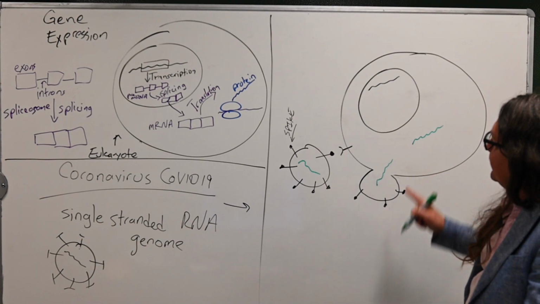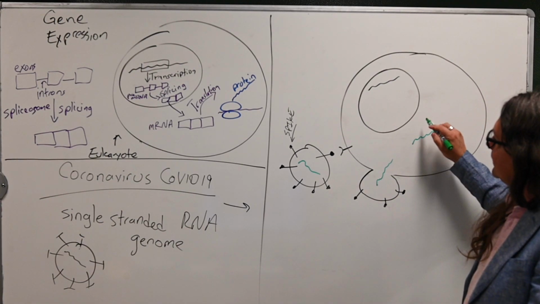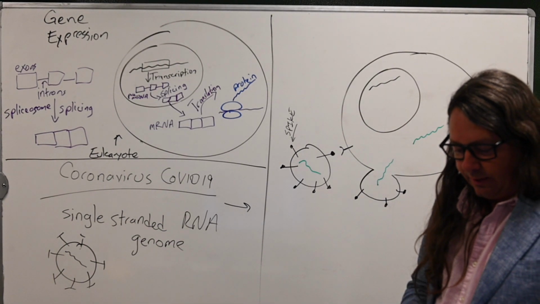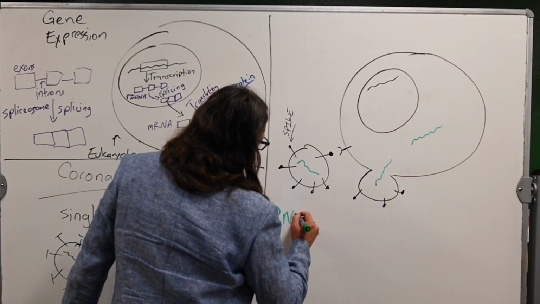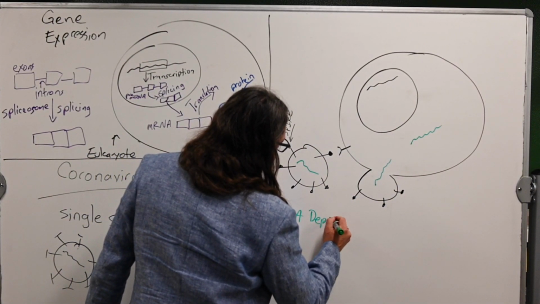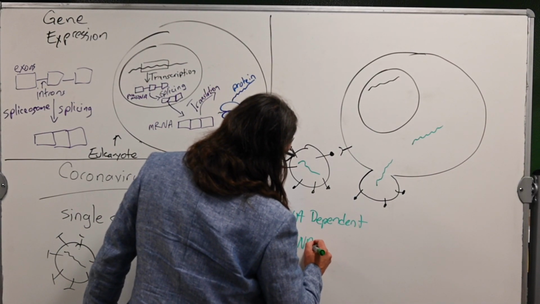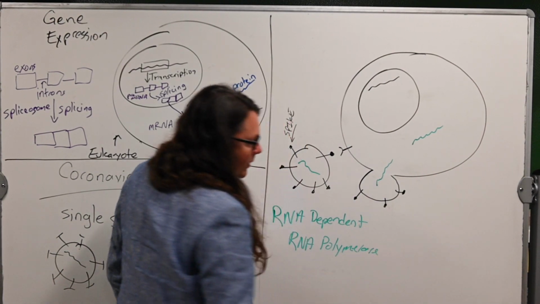So there's an RNA in the cytoplasm, and one of the genes here is an RNA-dependent RNA polymerase. So what do you think that does?